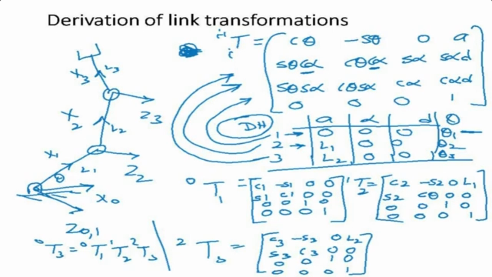This is the generalized matrix that is going to take you from frame i minus 1 to frame i, from one frame to another frame.